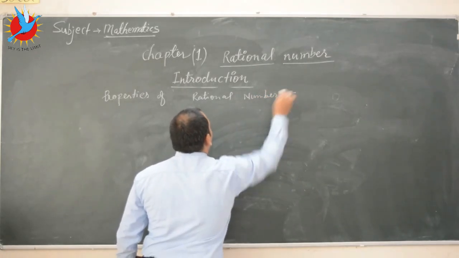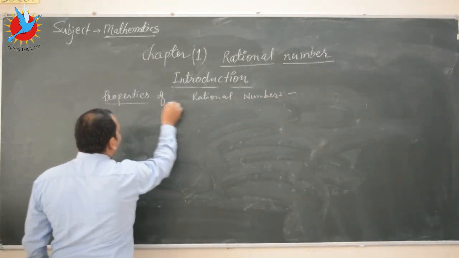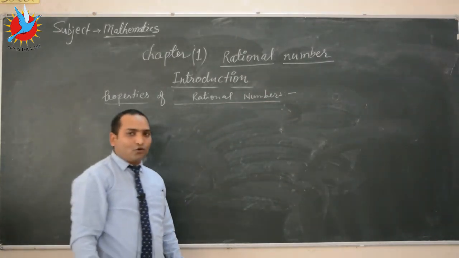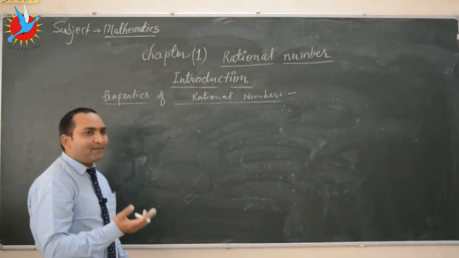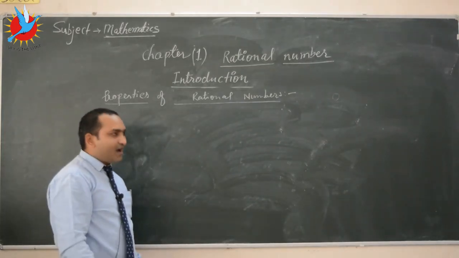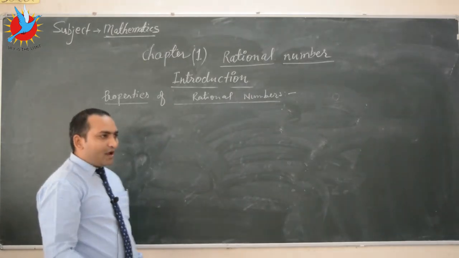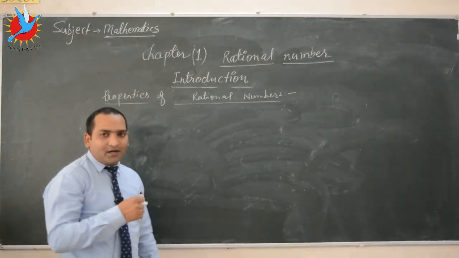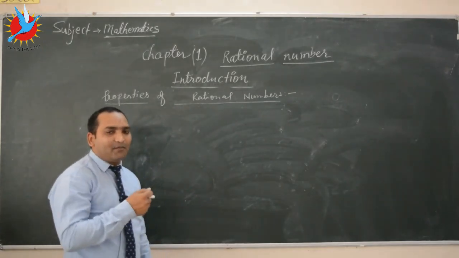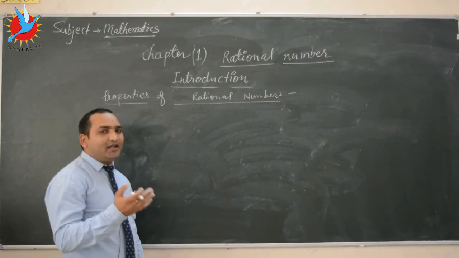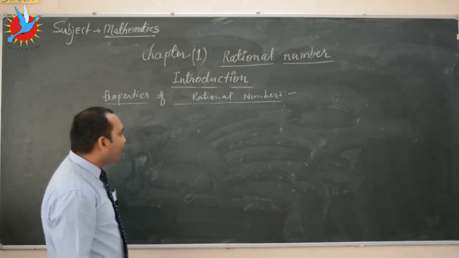There are different properties of the rational number, for example, closure property, commutative property, associative property, distributive property, and additive identity of the rational number, additive inverse of the rational number, multiplicative identity of the rational number, and multiplicative inverse of the rational number.